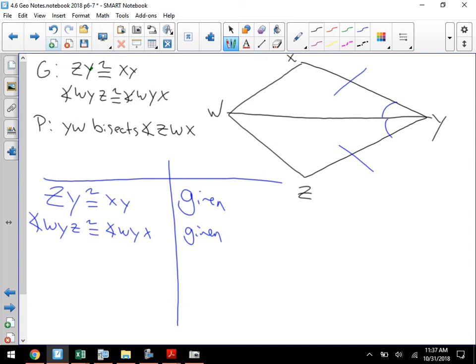You have an angle and a side. What's the most obvious thing that you can do now? Shared side, the reflexive side. Very good. I've got the reflexive part. Okay. Very similar to what we did yesterday. Very similar. YW congruent YW.